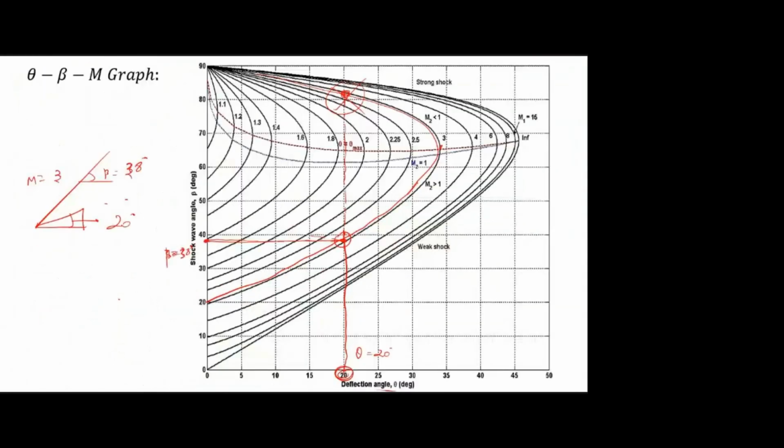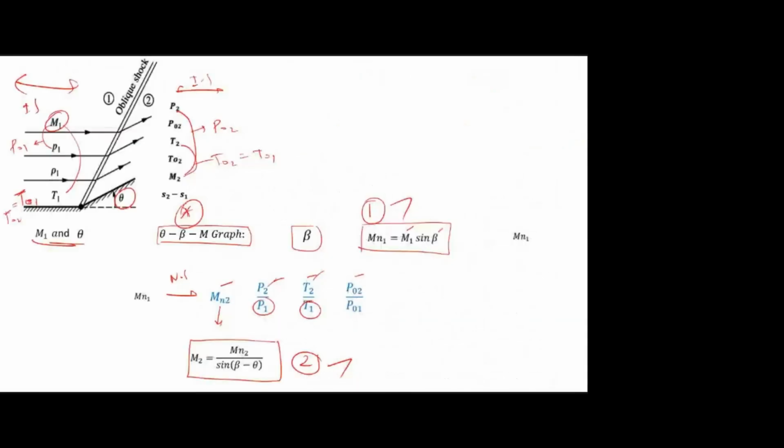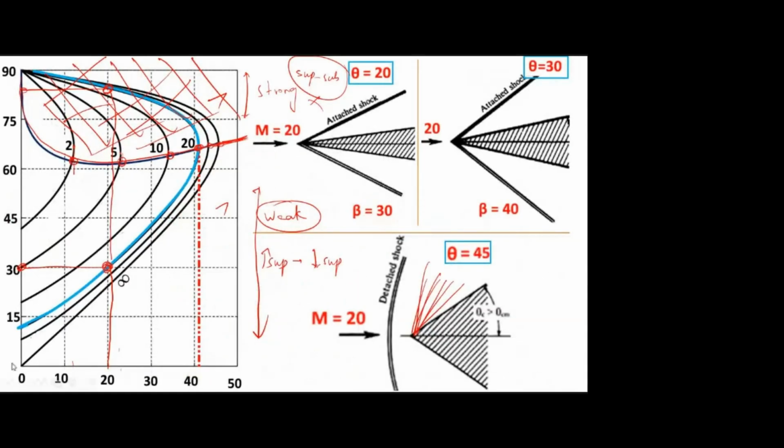Here also they mention this is weak shock, this is strong shock. So we don't consider this upper portion. Only this lower portion we are considering. If you know theta and Mach number, you can find the beta. Like that we are using it. You got it right?